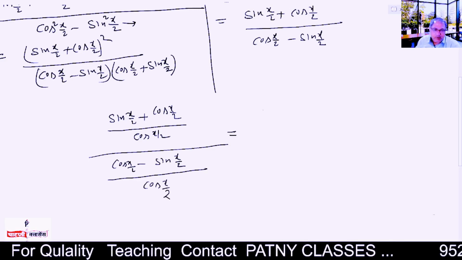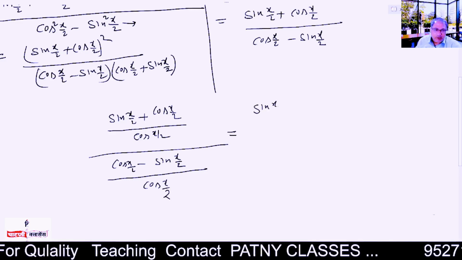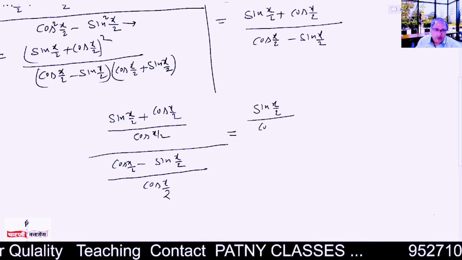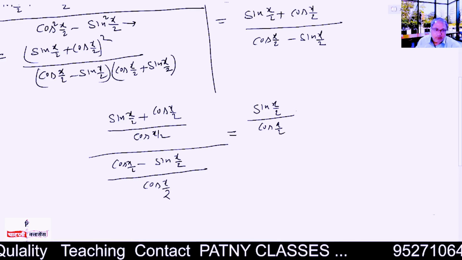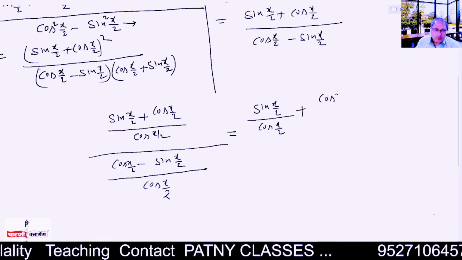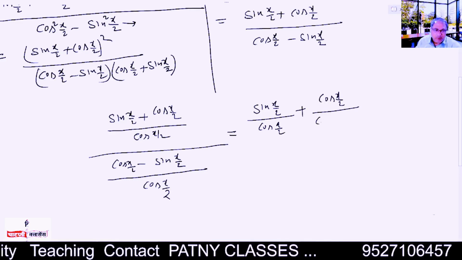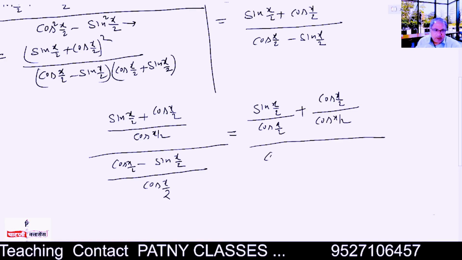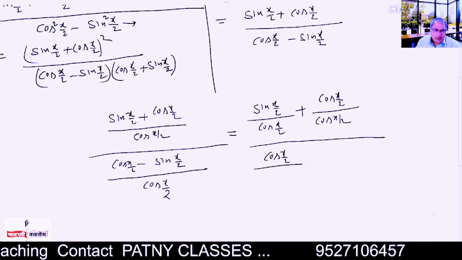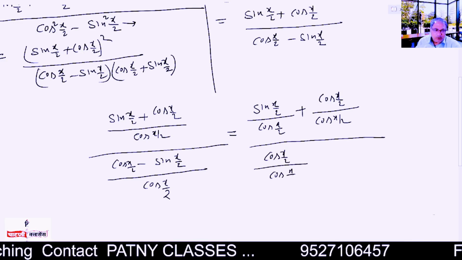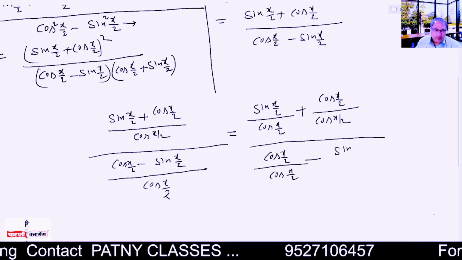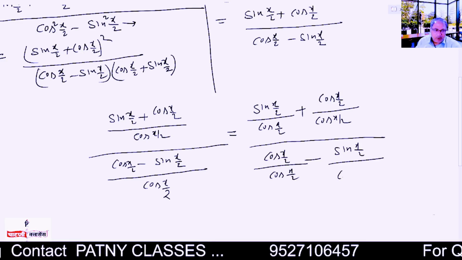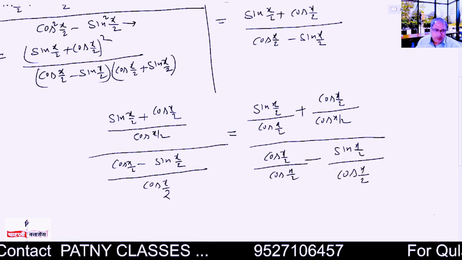This equals sin x by 2 upon cos x by 2 plus cos x by 2 upon cos x by 2, divided by cos x by 2 upon cos x by 2 minus sin x by 2 upon cos x by 2.